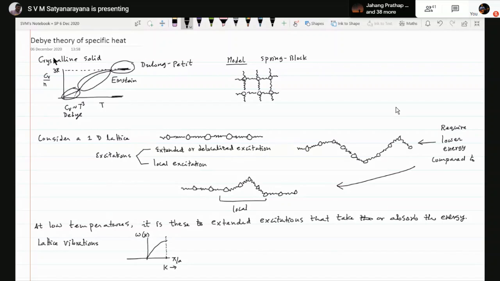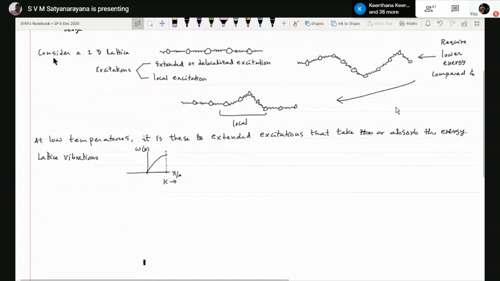Essentially, this dispersion relation means that it's not a continuous curve; there are different frequencies. You may try to represent it as a curve like this, because I'm sure you remember that this expression is some modulus of sine k, something like that, right?